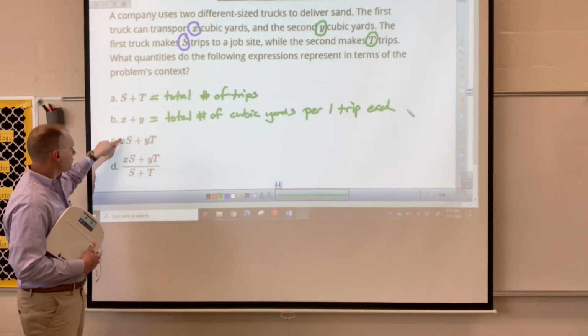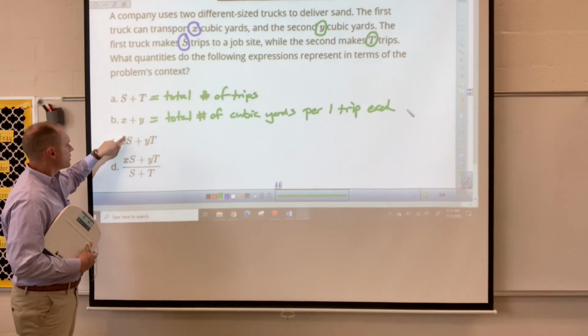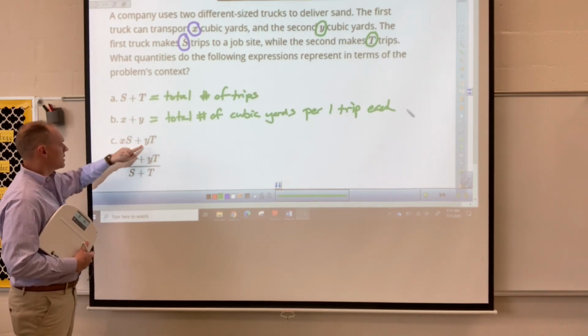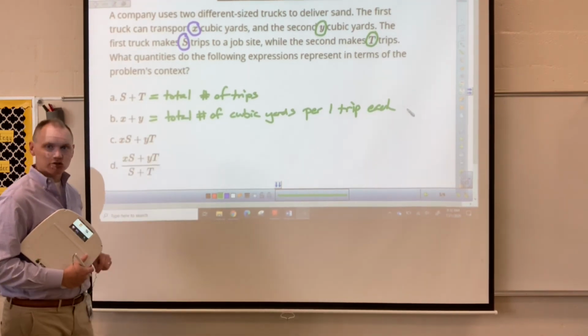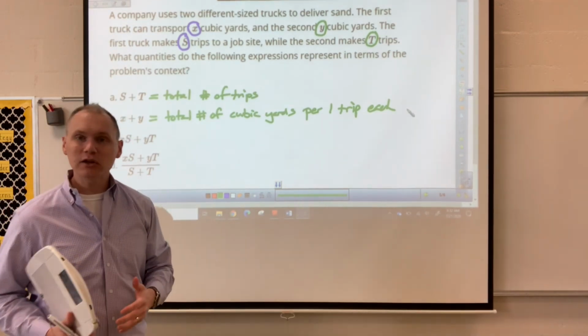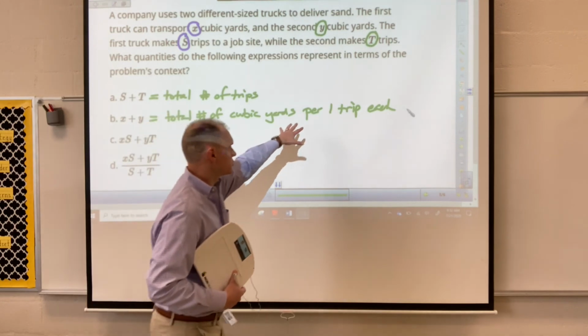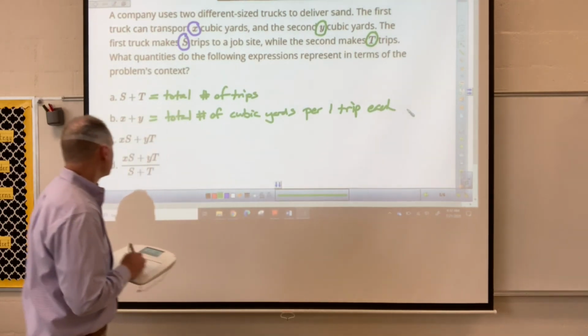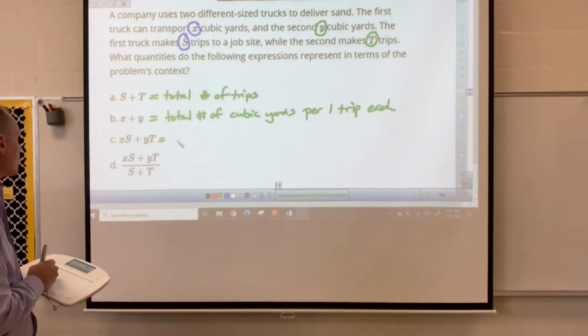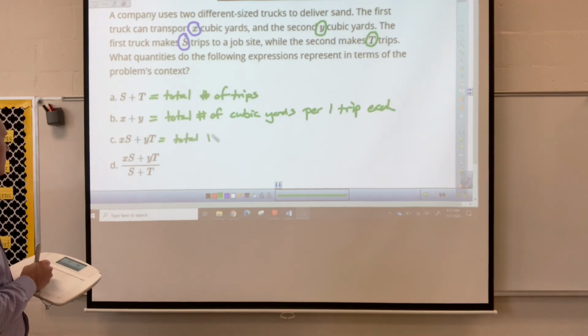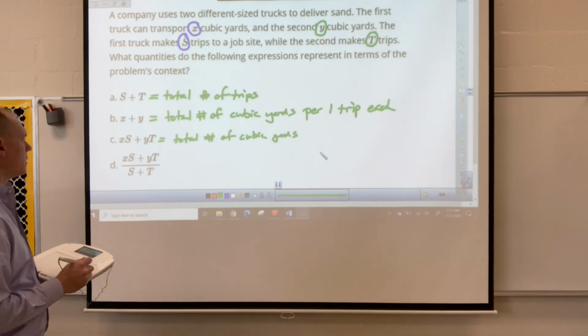So it's the total number of cubic yards that the first truck takes, total number of cubic yards that the second truck takes. Add them together, you get the total number of cubic yards taken all together, not just per one trip. Okay? So this is the total number of cubic yards combined.